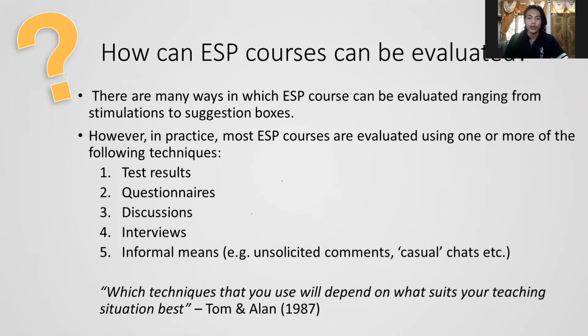The first are results, questionnaires, discussions, interviews, and informal means such as unsolicited comments, casual chats, and so on. Which techniques you use will depend on what suits your teaching situation best. That's what Tom and Allen said in 1987 in their book.